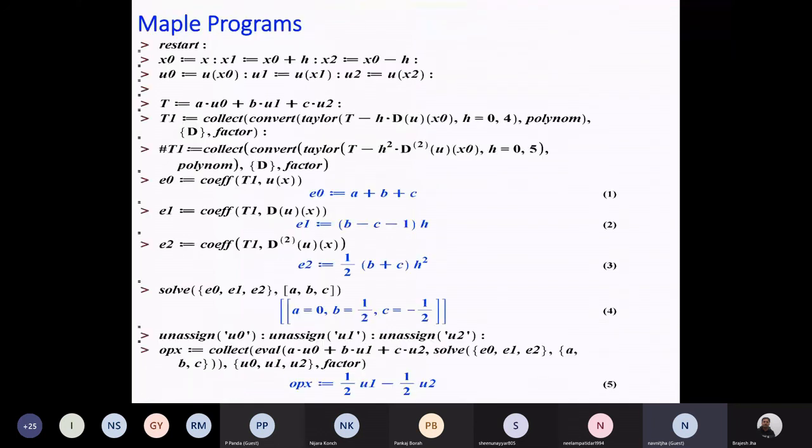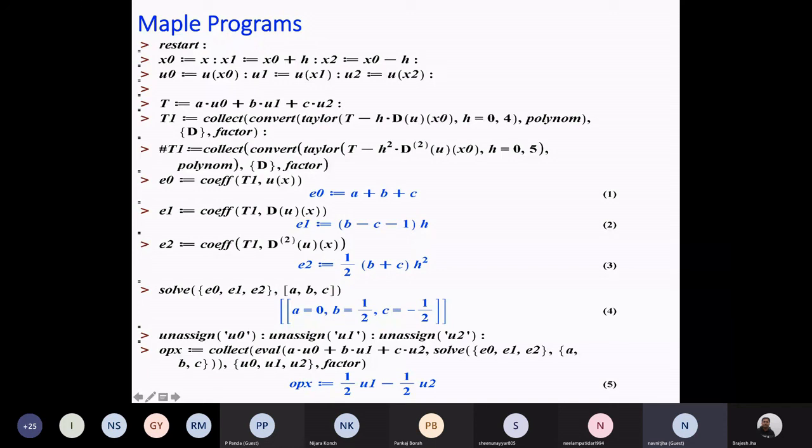We can calculate this easily with the help of Maple programs. Just take x naught as x, x1 as x naught plus h, and x2 as x naught minus h. U naught is the evaluation of u at x naught, u1 is the evaluation of u at x1, and u2 is the evaluation of u at x2. Formulate a linear combination a u naught plus b u1 plus c u2 and calculate it for the first derivative.